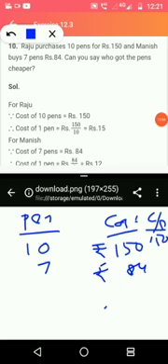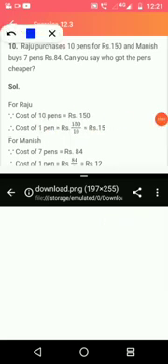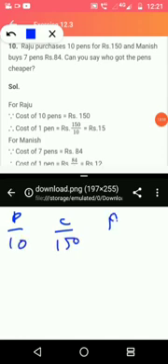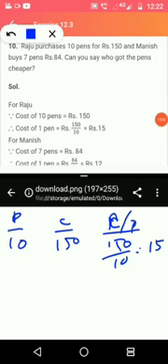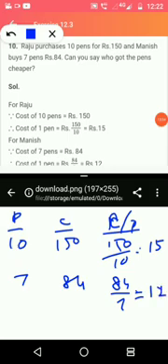So I have pens, I have the cost. 10 pens cost rupees 150, so 1 pen is 150 by 10, which is 15. Manish 7 pens, it has cost 84. So 84 by 7, 7 ones are 7, 7 twos are 14, 12. So who had a cheaper cost of the pen? Manish. So Manish got the pens at cheaper cost.